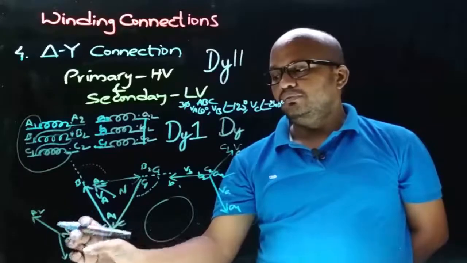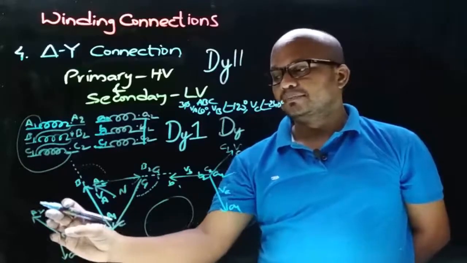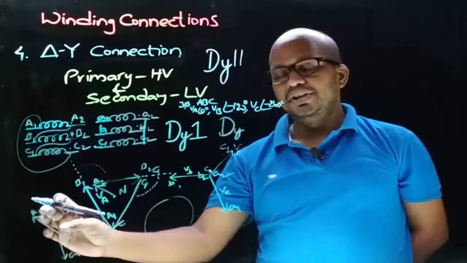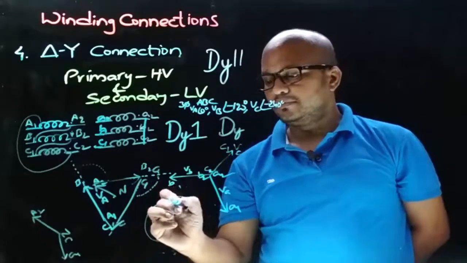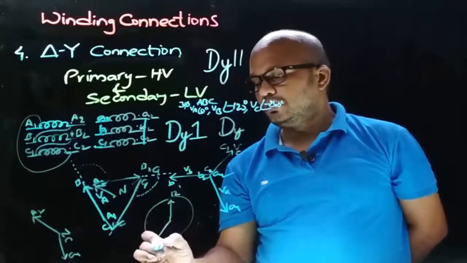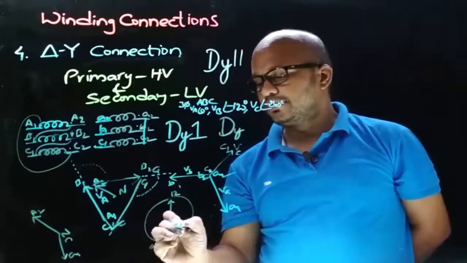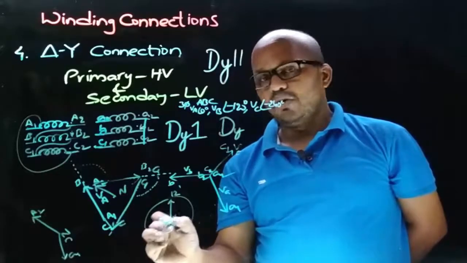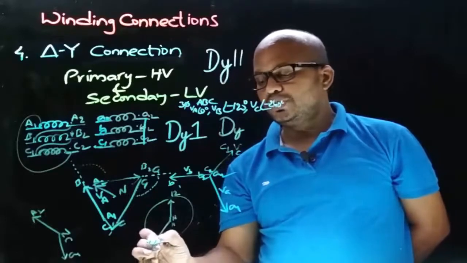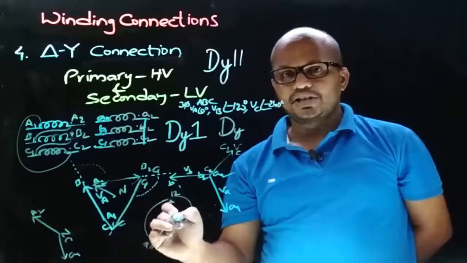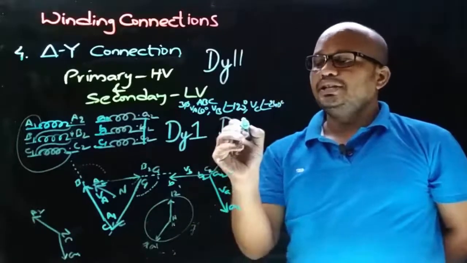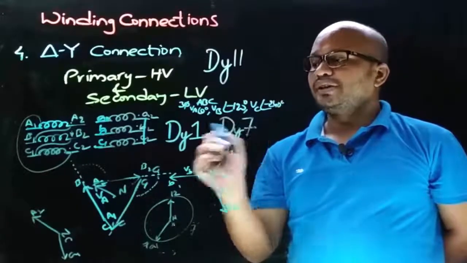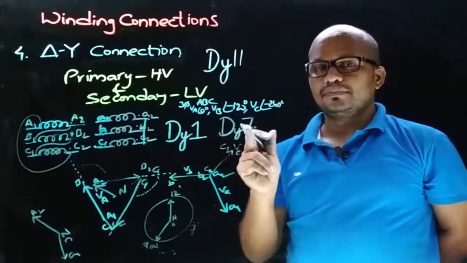Now if you place this diagram such that the HV winding phase node voltage points towards 12, then the diagram will look like this. The hours needle is pointed towards 7, and this position represents 7 o'clock, which means the numeral in the vector group symbol for this type of connection is 7.